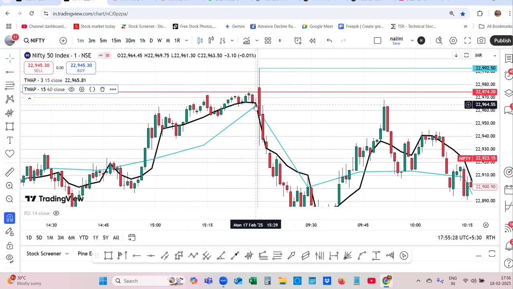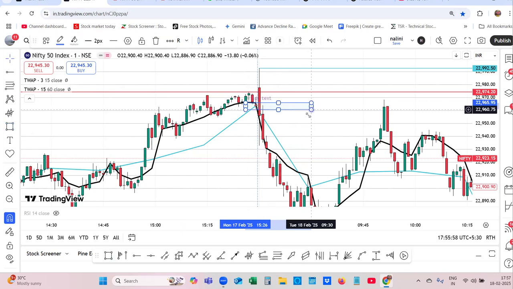You can clearly see after rejection from this zone, the market started moving down. The shorter period TWAP is crossing below the blue line, the longer period average, indicating sell.